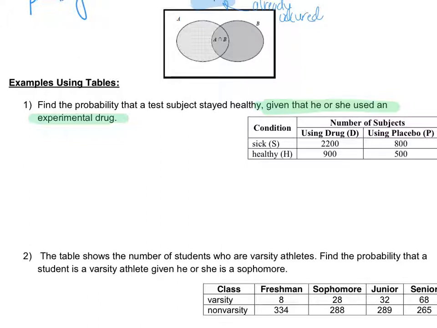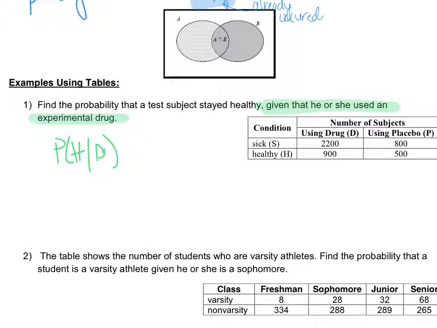So like I was saying, I like to go ahead and highlight the given for the conditional probability. And then when I write my conditional statement, I have: what's the probability of somebody being healthy given that they use the experimental drug?